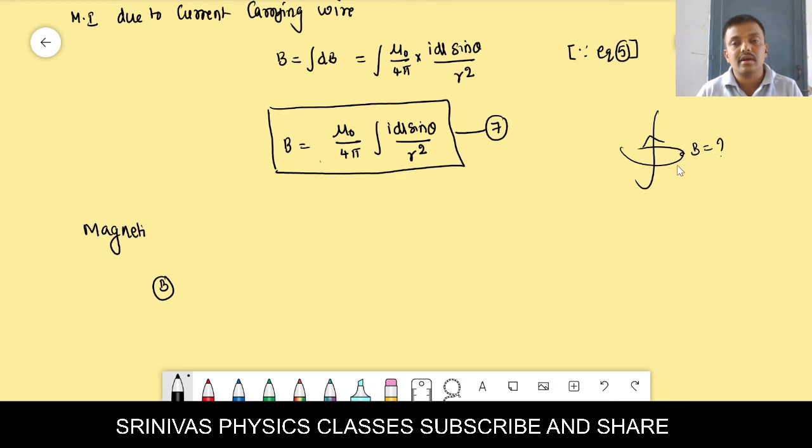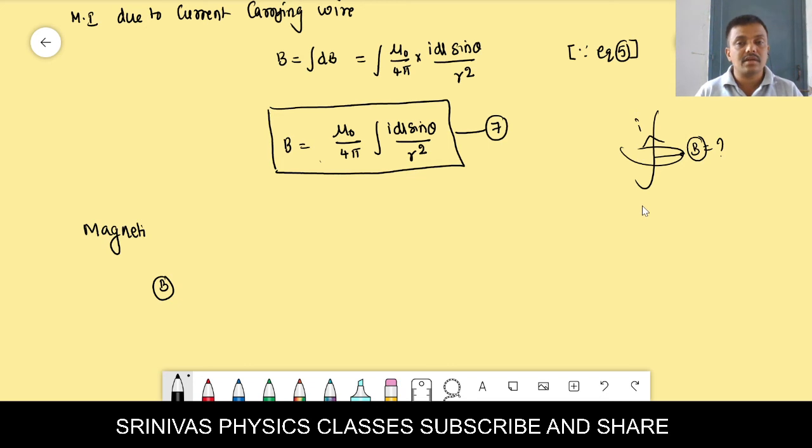Field strength we can find by using a physical quantity, its name is the magnetic induction. Whether the field is strong or weak will depend upon the B value. B indicates the strength of the magnetic field which is generated around the current carrying wire.